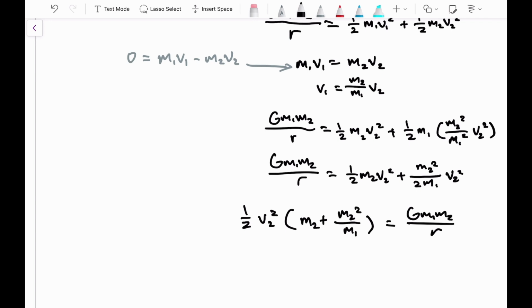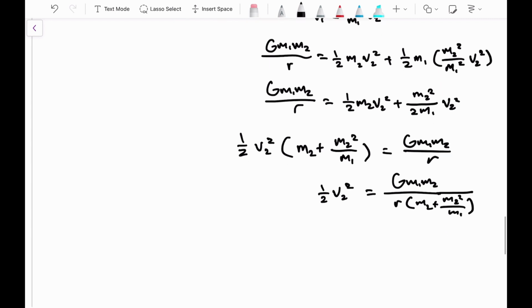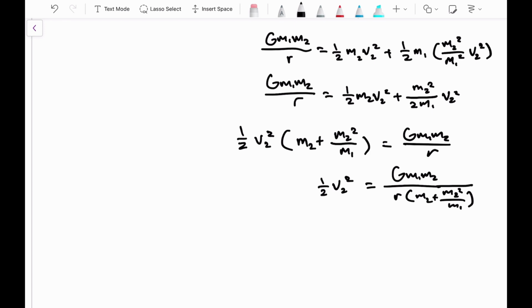Okay, then we divide it to the other side. Maybe we can simplify the fraction beneath this. This kind of feels weird. So we can times the top and bottom by m1.